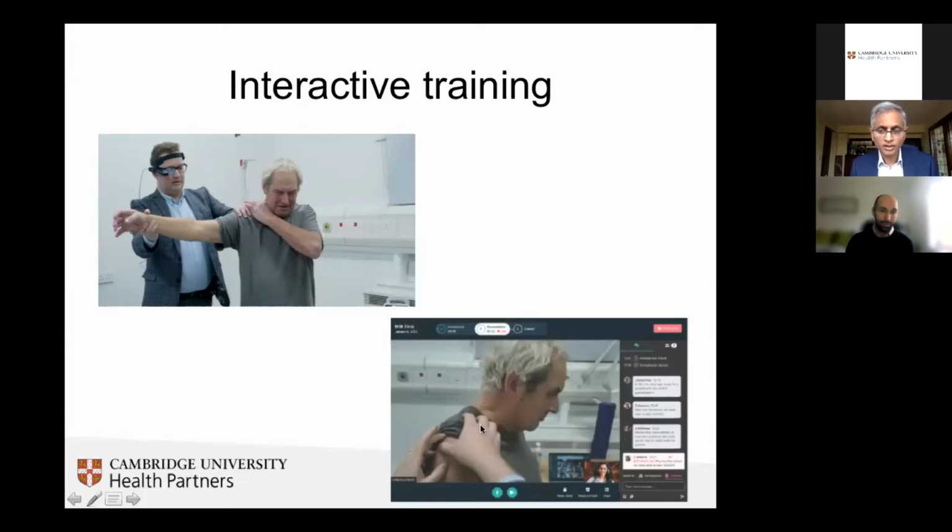But also what's very useful is that any interaction or questions from the students can be beamed into this screen here in the corner of the eye, and he can interact with the students that are remote and can adapt the training process according to what's required.